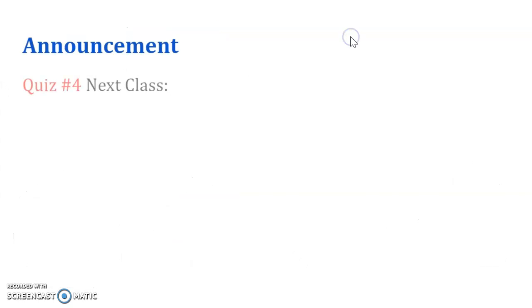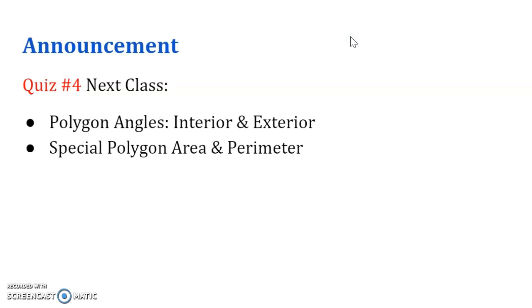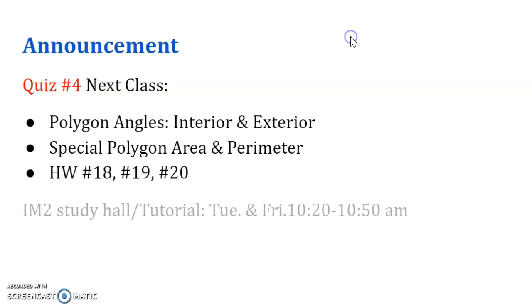First, announcements. Quiz number 4 is going to be happening next class, and it's going to cover polygon angles, interior and exterior, and special polygon area and perimeter. So you should be very familiar with homework number 18, 19, and 20. Also, remember that IM2 Study Hall tutorial is happening on Tuesdays and Fridays at 10:20 to 10:50.